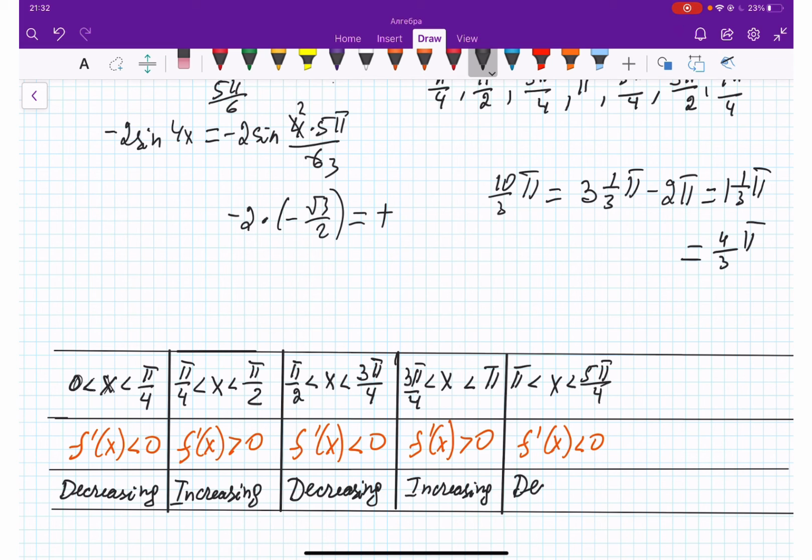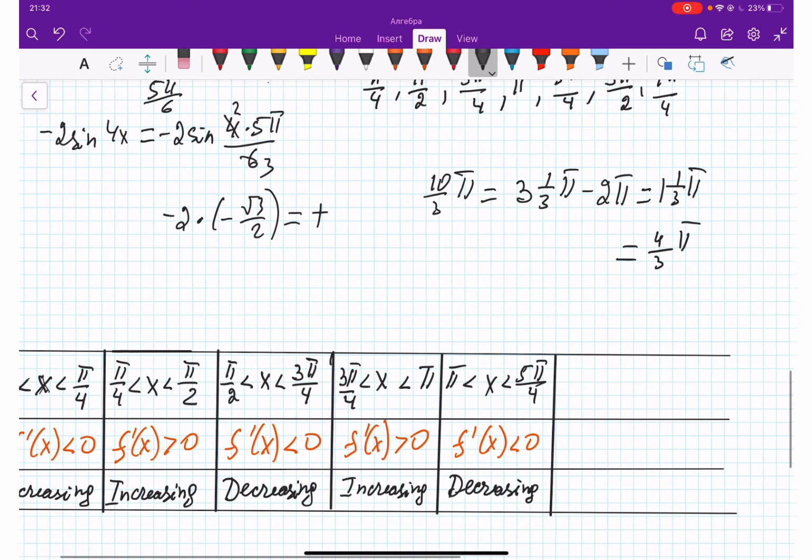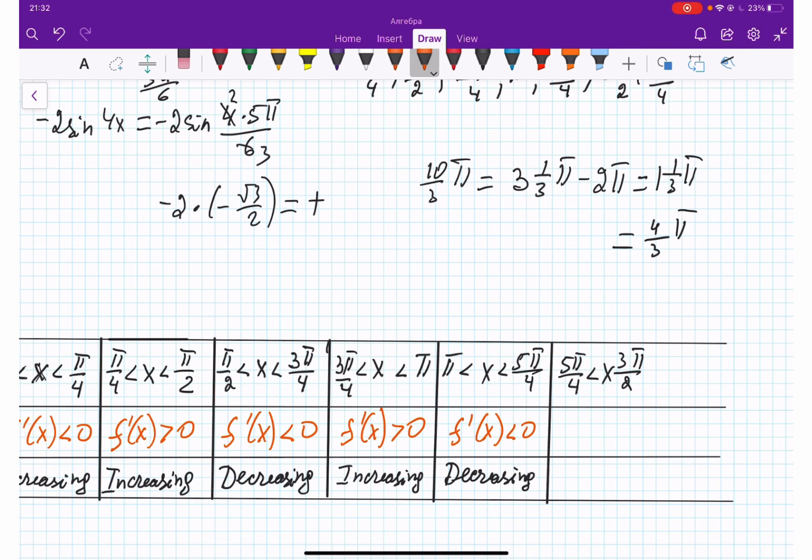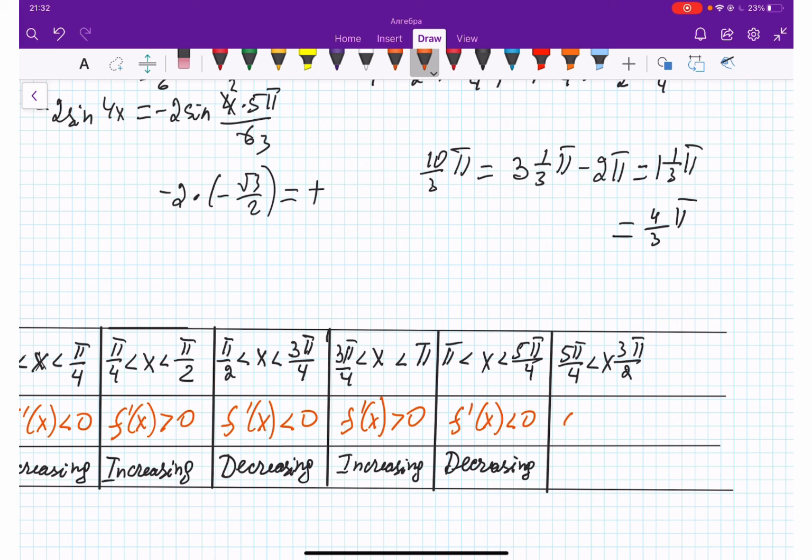And what else is left? 5 pi over 4 and 3 pi over 2. So between them the graph is increasing.